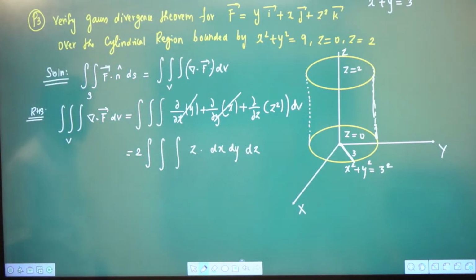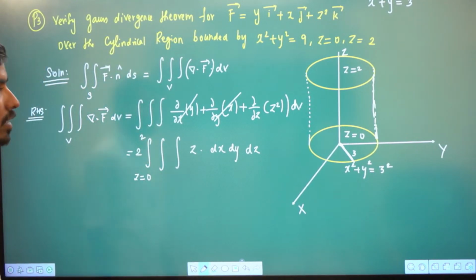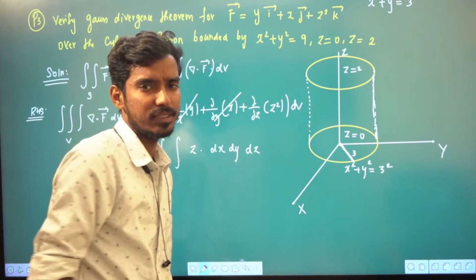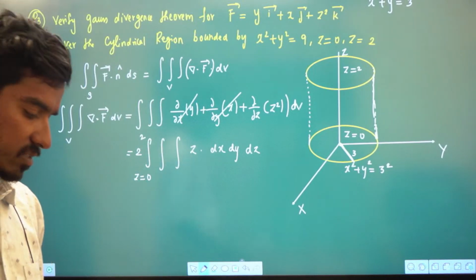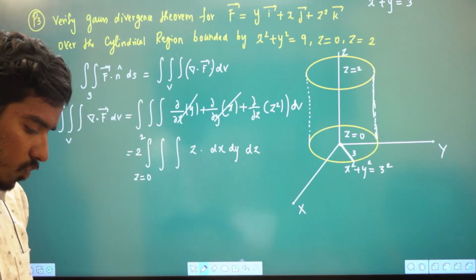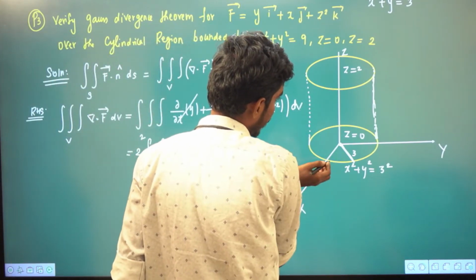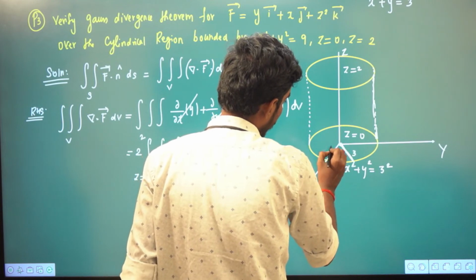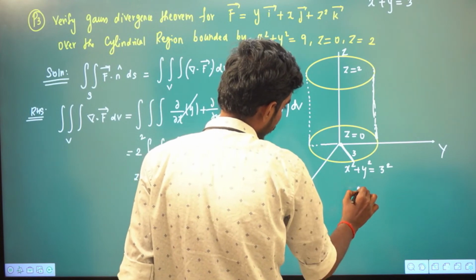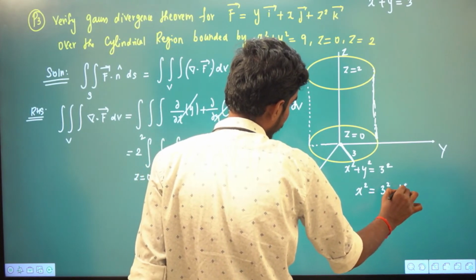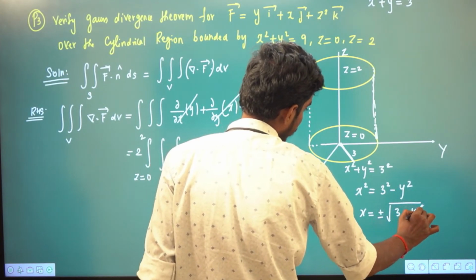Now we need to find the limits. We know z varies from 0 to 2, right? Now we need to find, this is very easy, right? See, you can fix x, you can vary y, or you can fix y, you can vary x. Here y varies from minus 3 to 3. x is, from x squared plus y squared equals 3 squared, x varies from plus or minus root of 3 square minus y square.